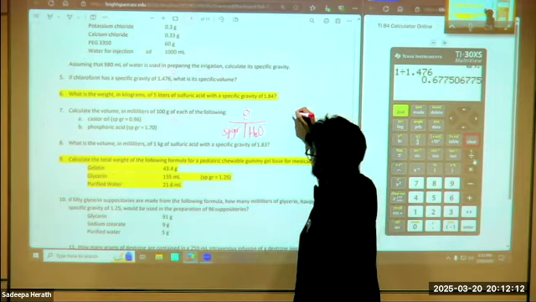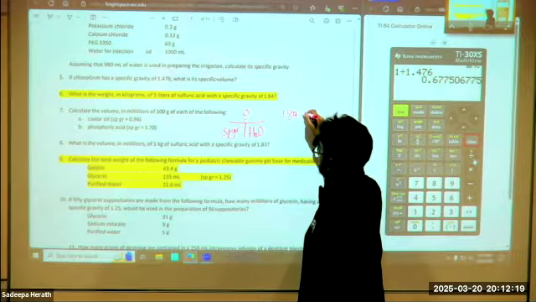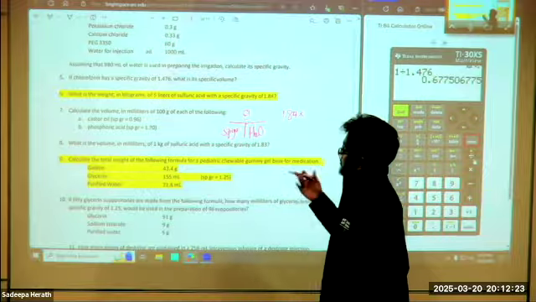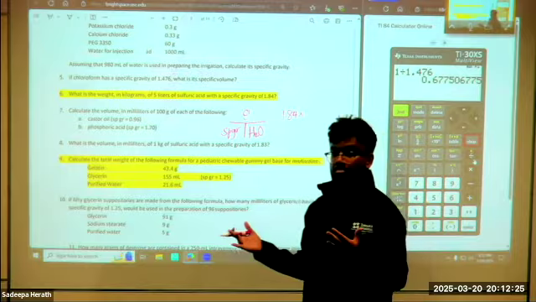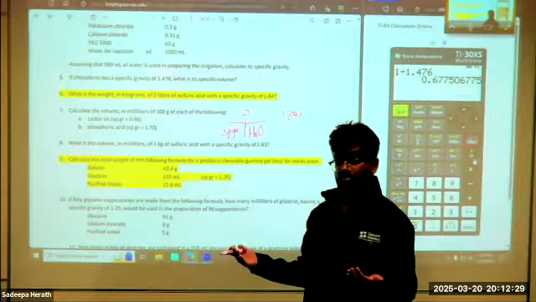Weight in kilograms of 5 liters of sulfuric acid, specific gravity 1.84. Okay, so let's do specific gravity, 1.84, times 5 liters. We usually go by ml for our calculations for specific gravity and whatnot.